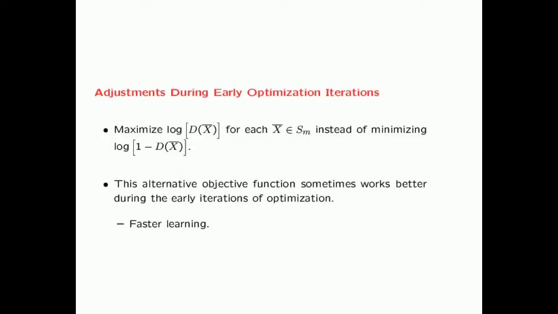So now there are some additional adjustments that you can perform during the early optimization iterations. Instead of minimizing log(1 - D(G(z))) for the generator, you can maximize log D(G(z)) for each x in the synthetically generated set. This alternative objective function sometimes works better during the early iterations of optimization, because maximizing D(x) is the same thing as minimizing 1 - D(x).